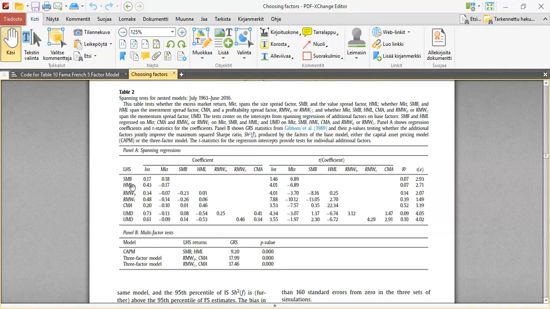In the second equation, we regress the value factor on the CAPM. What we see here is that the unexplained payoff of the value factor is 0.43% per month. So this is the part unexplained by the exposure to the market factor. And the T statistic of the intercept term is 4.01 and indicates significance on any level.